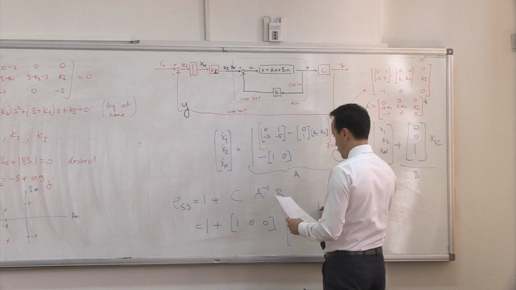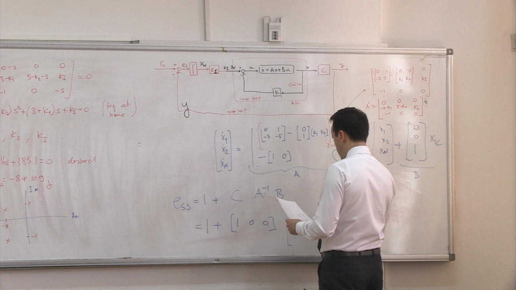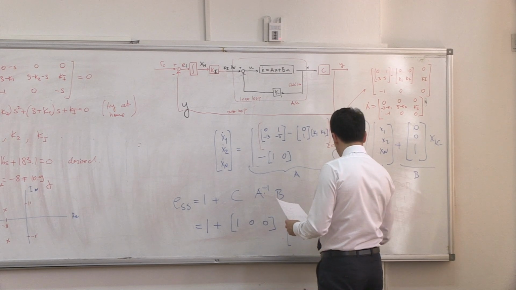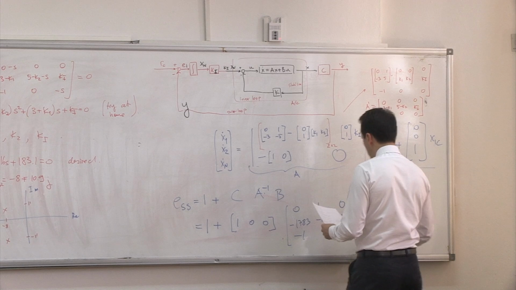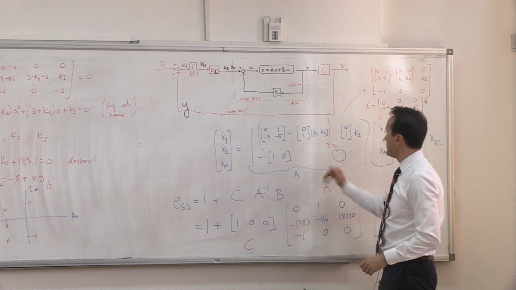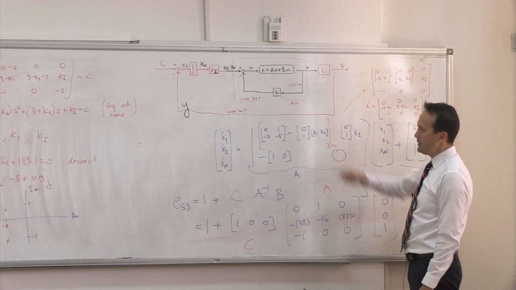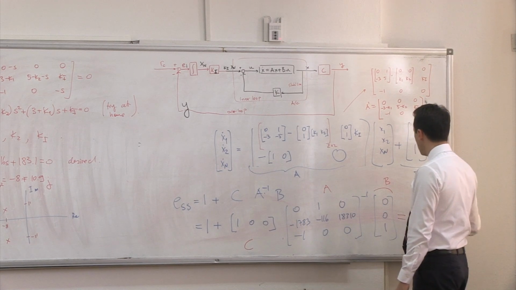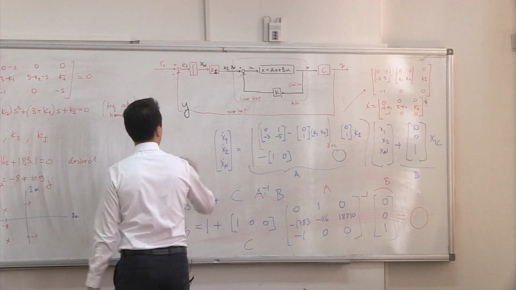It will be 0, 1, 0, 1, 7, 8, 3, minus 1, 1, 6, 1, 8, 3, 1, 0, minus 1, 0, 0, over minus 1, 0, 0, 1, and that's B. This is C. This is A, basically of the whole system, and this is B. You just have to take the inverse of A. Try this in MATLAB, you will get 0. So the steady state error is equal to 0.